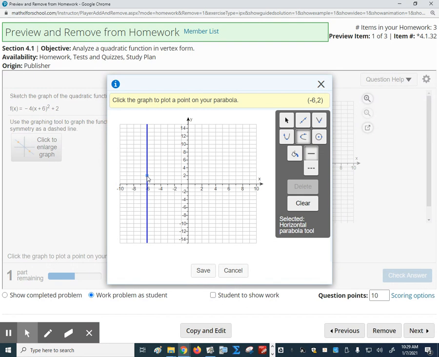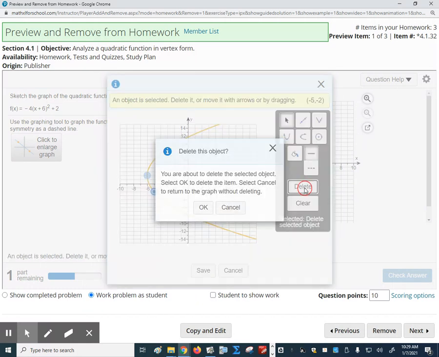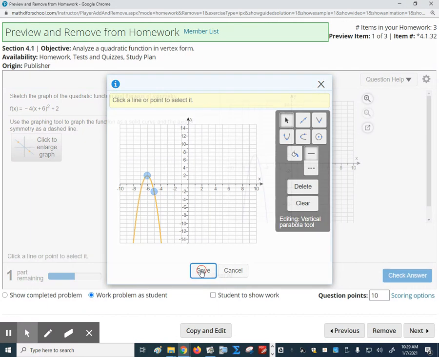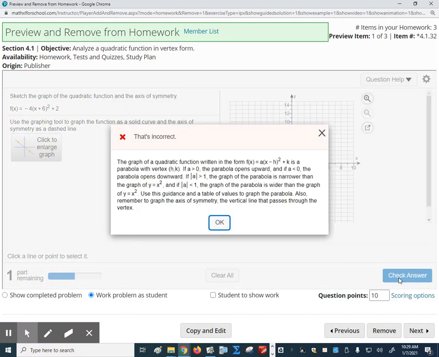There you go. We go over 1 and down 4. I think I did the wrong parabola. Whoops. I got to pick that parabola. There we go. So -6, 2, you said. And I go over 1 and down 4. Very good. Okay. What did I do?